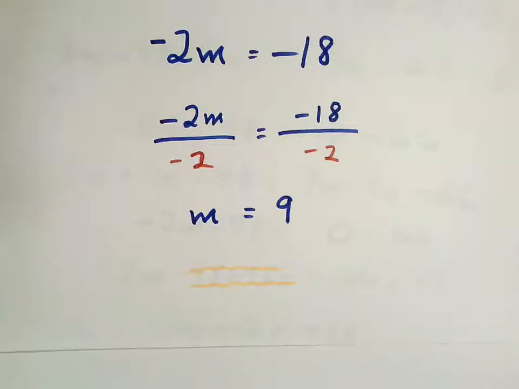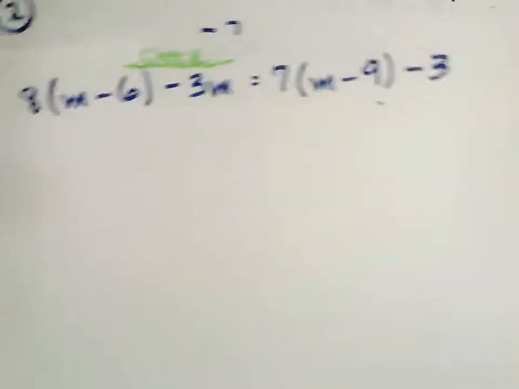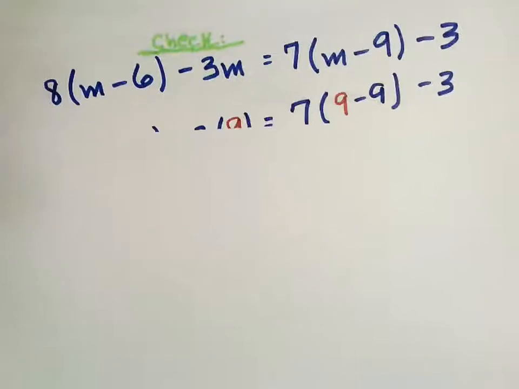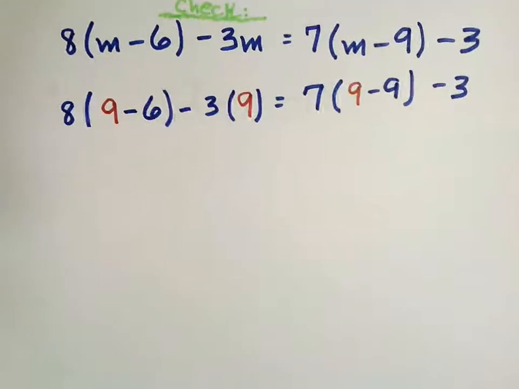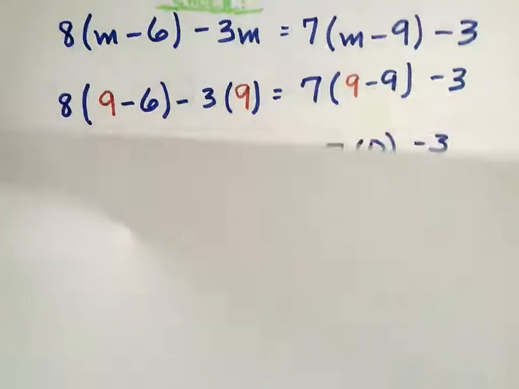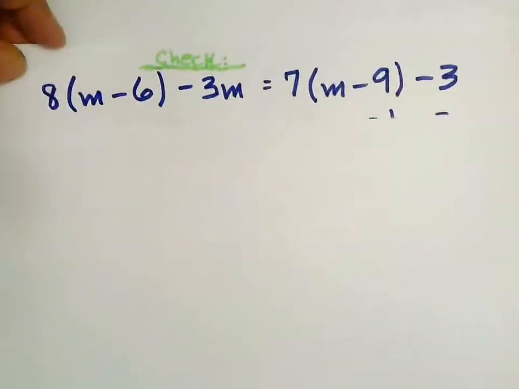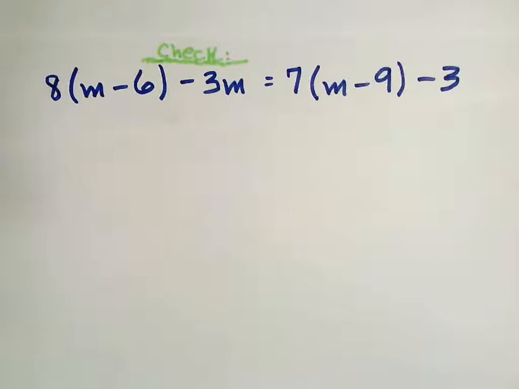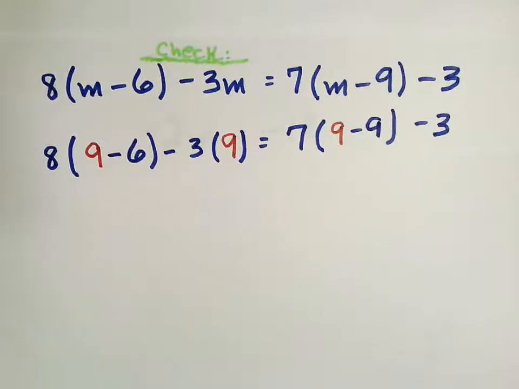So that's our solution. Now we're going to check it. Remember that when we check this, we're going to write the original problem and then substitute the value that we got for m, which was 9.